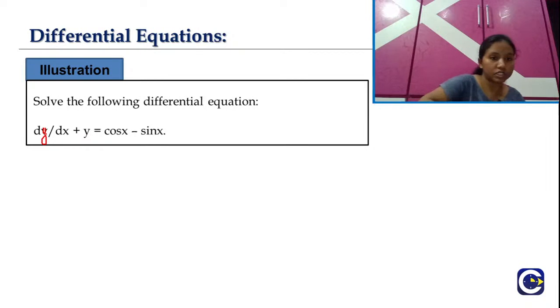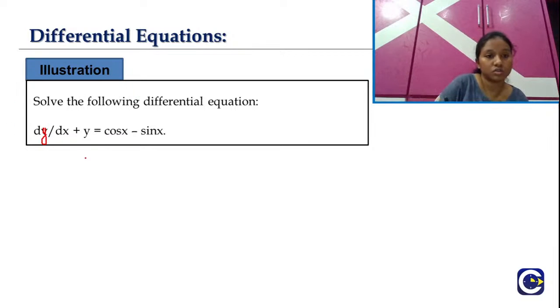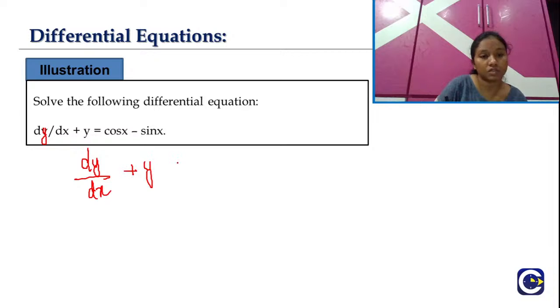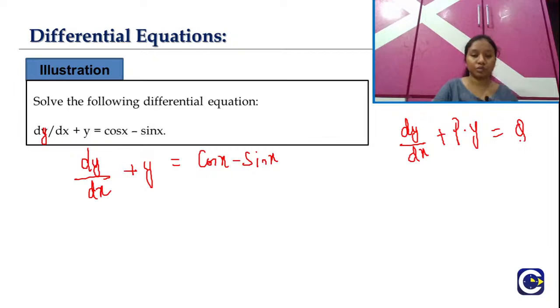So if anyone got the integrating factor, because it's obvious that it's a linear differential equation. The differential equation which is given is dy by dx plus y is equal to cos x minus sin x, which is in our linear equation format, that is dy by dx plus p y is equal to q.